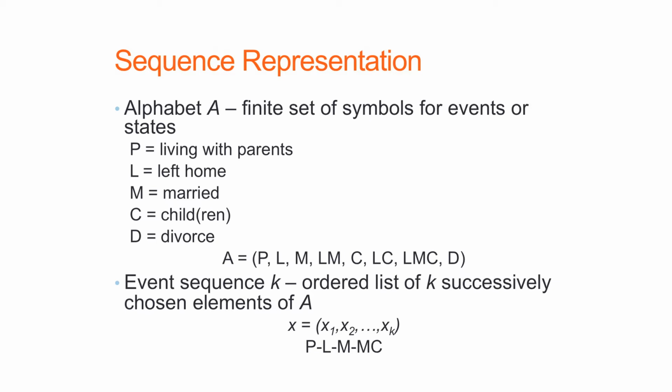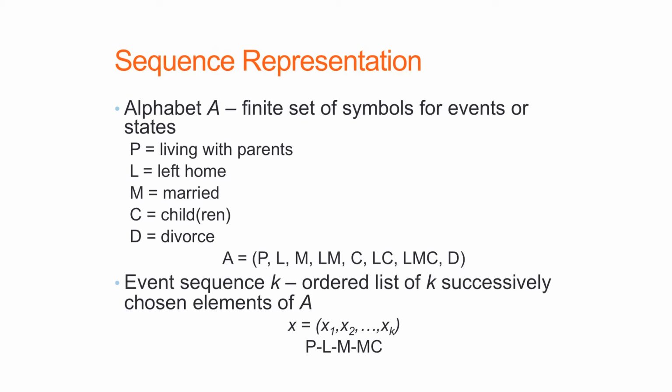So for our ship data, we can say that living with parents might have a symbol P. L would represent having left home that year. M would represent being married in a year. C represents having children, and D represents being divorced.